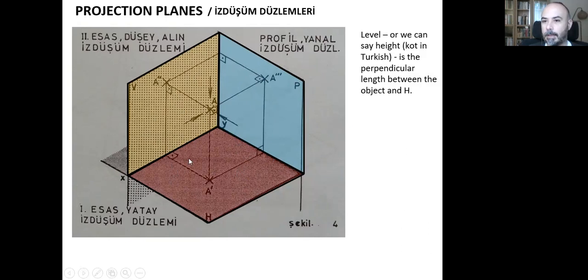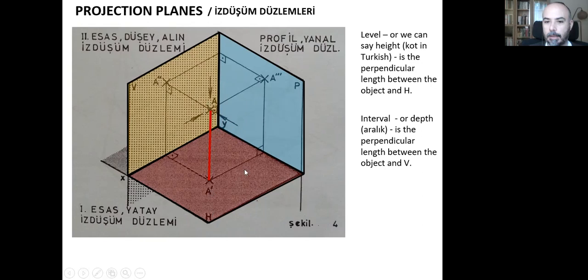Here we can say level. That is the perpendicular length between the object and the horizontal projection plane, the H. This is called level, or kot in Turkish. Here we see interval, or we can say depth. In Turkish, it's called aralık.